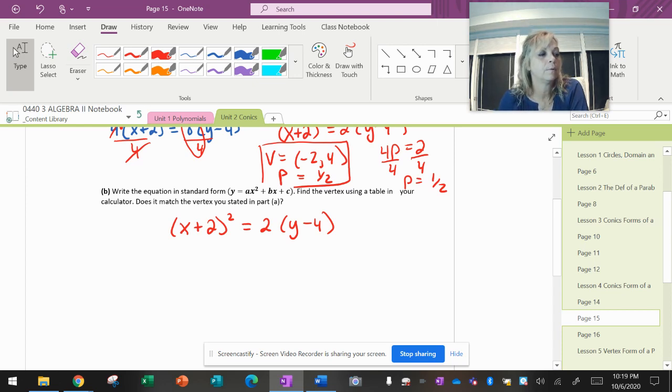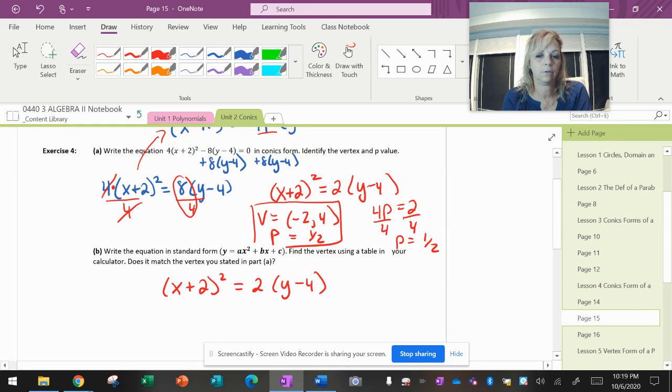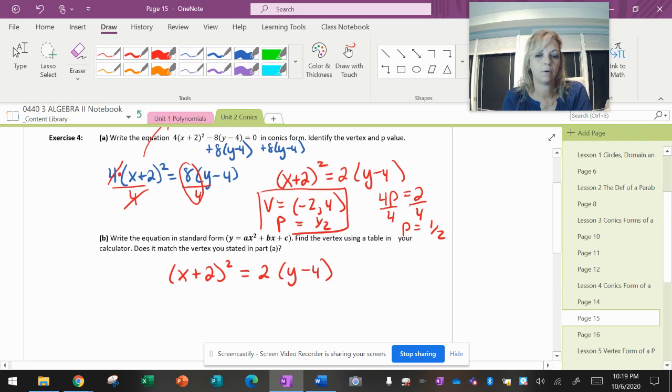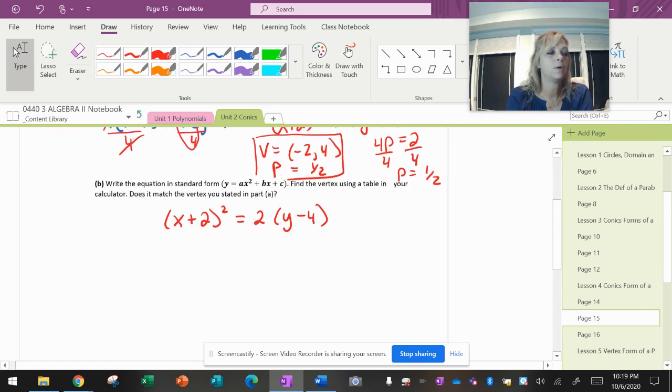So I would imagine that what you guys would probably do is just go straight out and distribute that, because when you put it in standard form, you have got to solve for y. So that's my guess, that you guys would do that first.